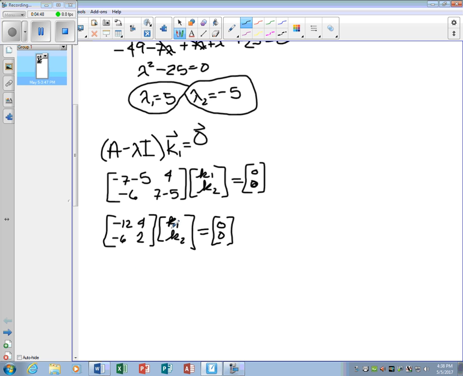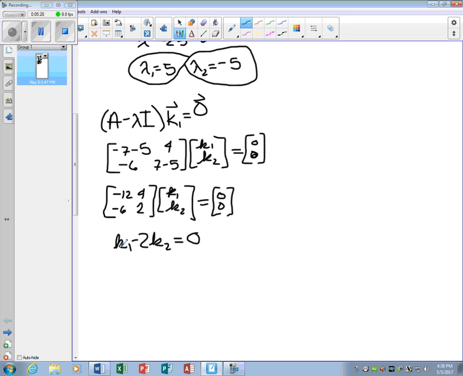So right here we can tell that the ratio that we have for K1 and K2 is K1 is actually going to be twice the amount of K2. So the way we're going to write that is K1 minus 2K2 equals 0. And that's without having to do all the math and working it out.